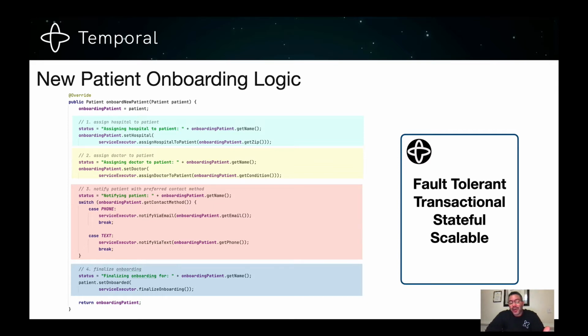What I really want to show with this throughout this video and with the demo later on is how we can go from this code, which only deals with the business logic of our application, and make this code fault tolerant, transactional, stateful, and scalable without changing any lines of code or affecting the technologies, the frameworks, and the overall architecture of our application that we have chosen already.